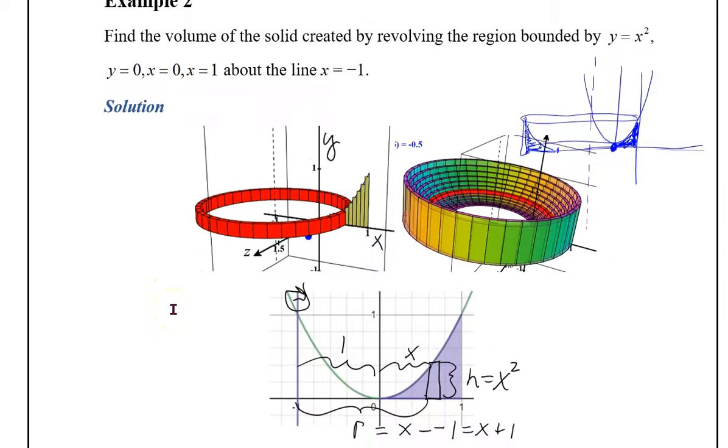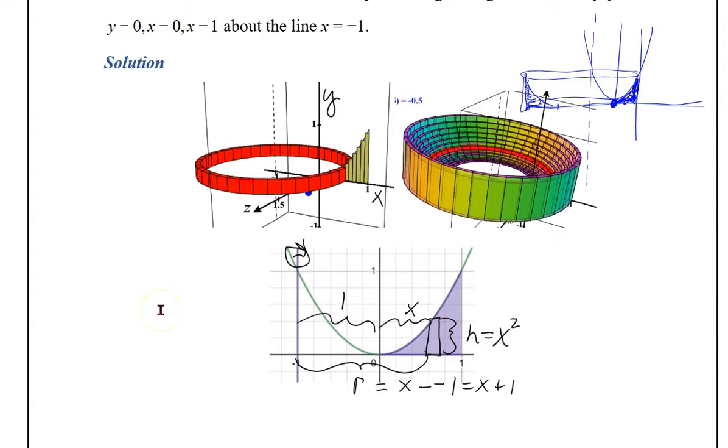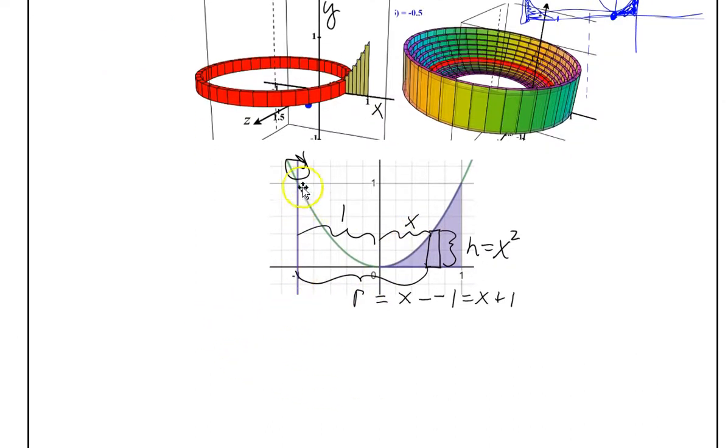We need to compute what 2 pi r h would become. We need the radius and the height, and the radius is given by the x value on the curve, and the height is given by the y value on the curve. However, in this case, it's not just x for the radius, because our axis of rotation is here at the line x equals -1.